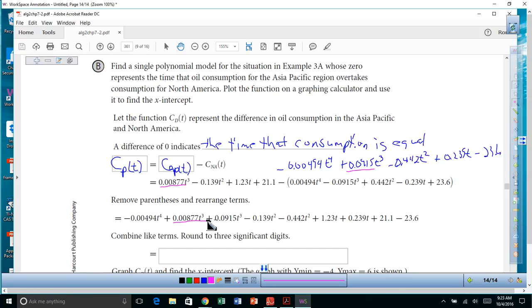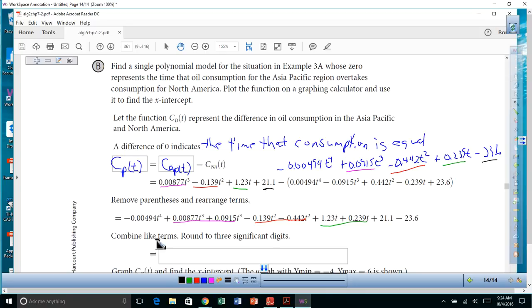And then minus t squared, minus t squared, okay. So we got to put those two together. And we got 1.23t and 0.239t, so we got to put those together. And then, of course, the constants. We got to put those together. Combine like terms, round to 3 significant digits.